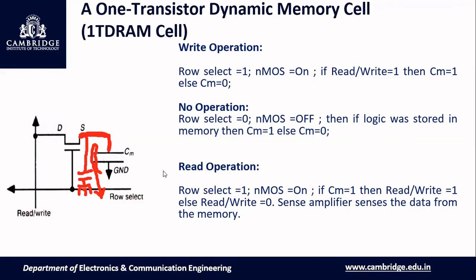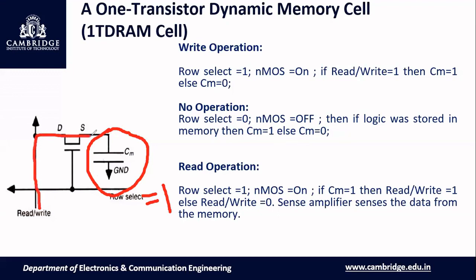within 1 millisecond. Before 1 millisecond, you should have a mechanism either to charge this capacitor, or else by making row select equal to 1, you can store new data. Or else you can read the data which is stored in this capacitor.